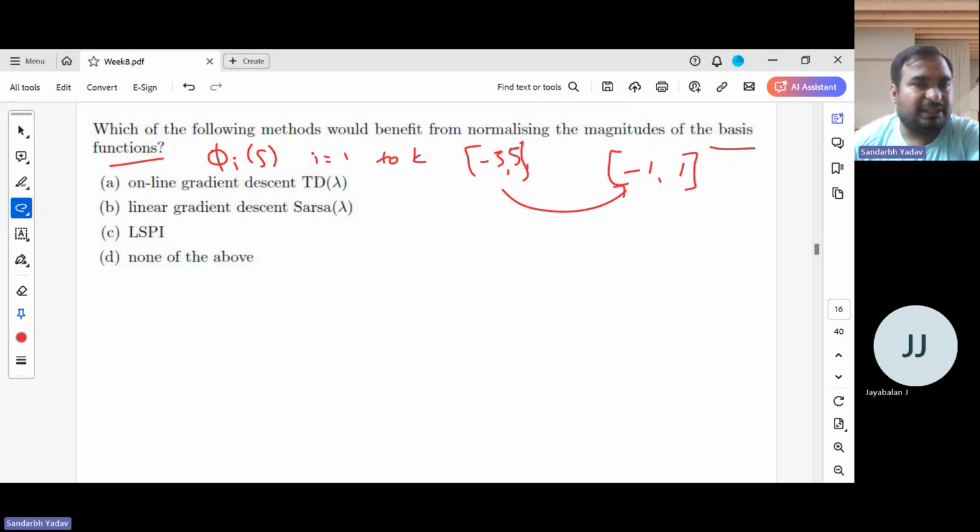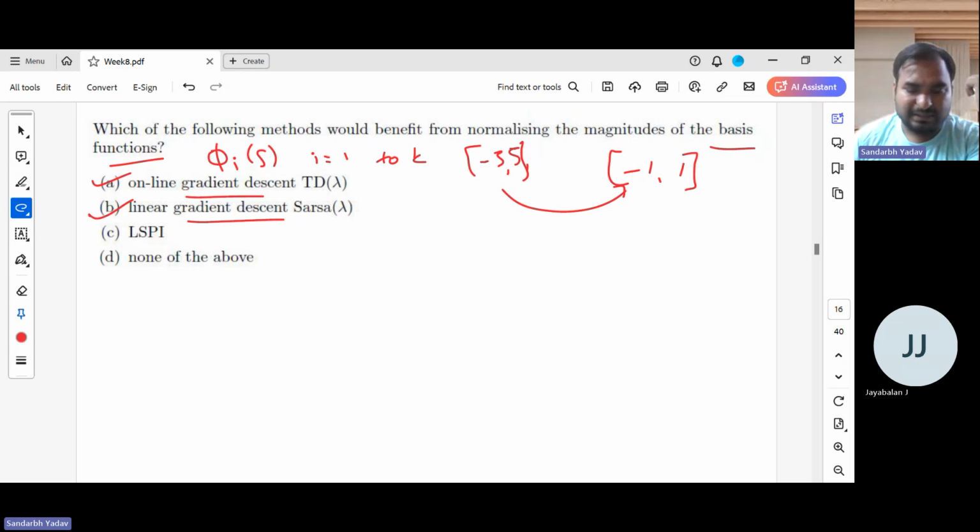So online gradient descent, linear gradient descent, LSPI. So the question they are asking is whether some of these methods will benefit from normalizing. Definitely, gradient descent based methods benefit from normalization because normalization helps in maintaining things in a slightly bounded manner. So this helps in gradient descent methods. So definitely these two will benefit from that. But in LSPI, were we using gradient descent? No, we weren't using gradient descent, right?